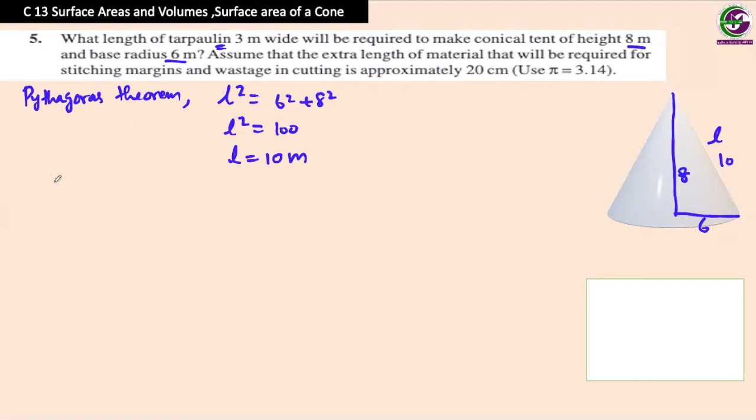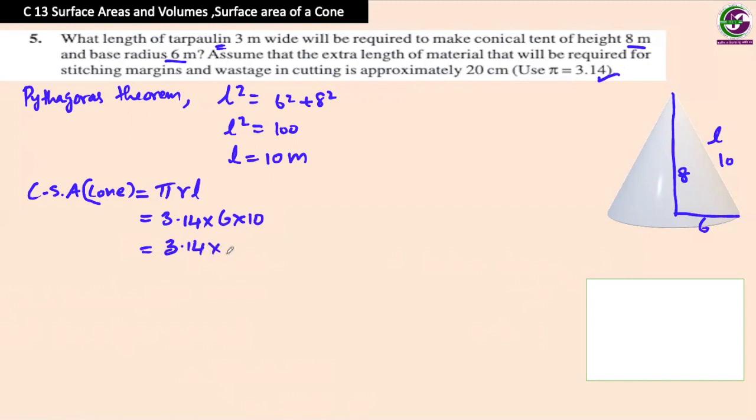It is a tent, so we have to consider the curved surface area of a cone, pi RL, which is equal to, but here we are asked to use 3.14. 3.14 multiplied by the radius 6 multiplied by the slant height 10, which will be 3.14 multiplied by 60, 188.4 meter square. That is the curved surface area.